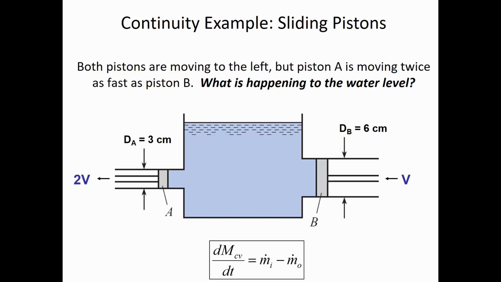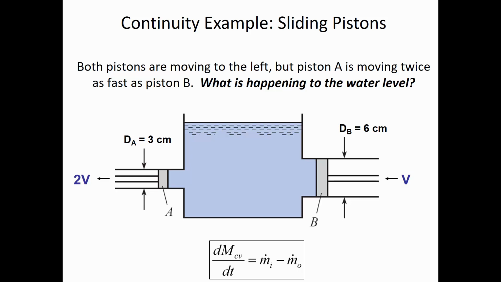So what we can do is, even though this is symbolic, even though the velocity is symbolic, we can apply this same Reynolds transport theorem idea and find out, is the mass positive or negative in the control volume. So remember, this is water, and so density will be 1,000 kilograms per cubic meter.